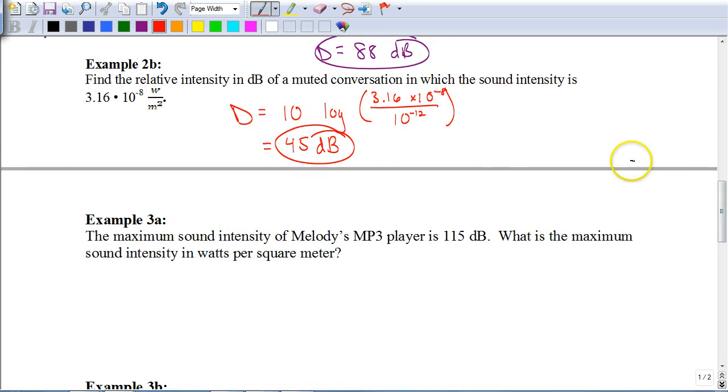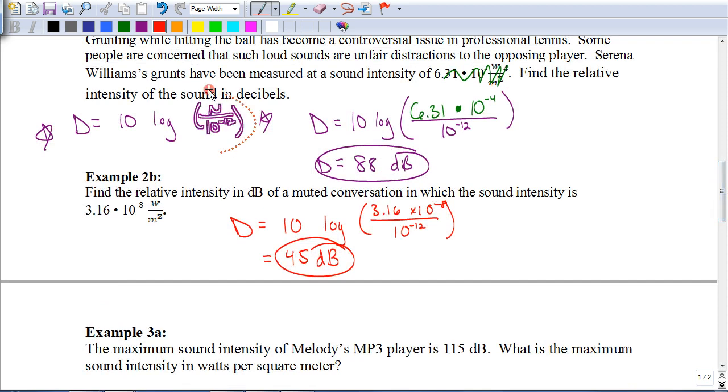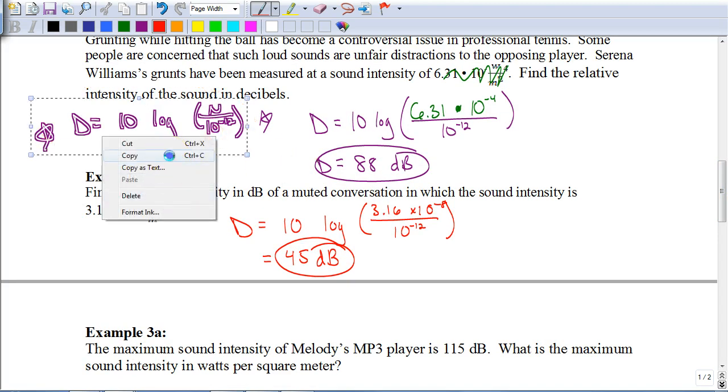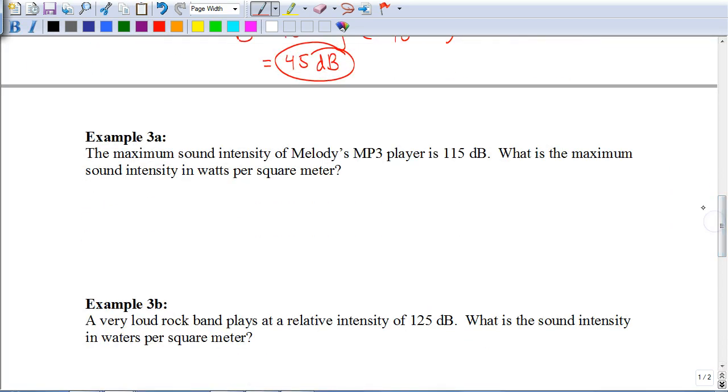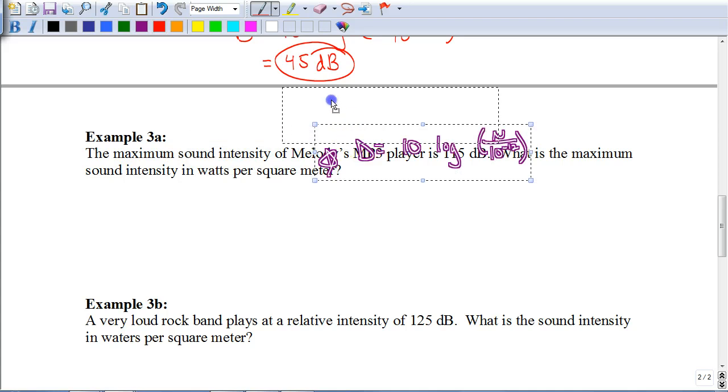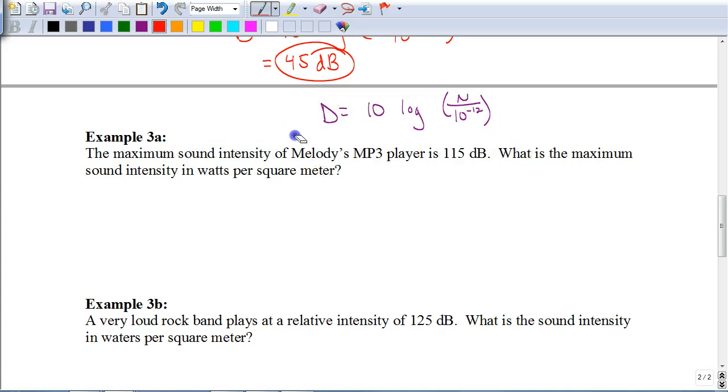So again, it was, just copy it here. You want to make sure you get this in your notes, at least that formula. So we're going to put 115 in for the decibels.